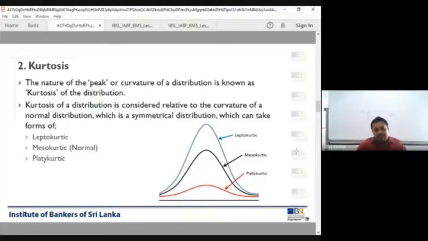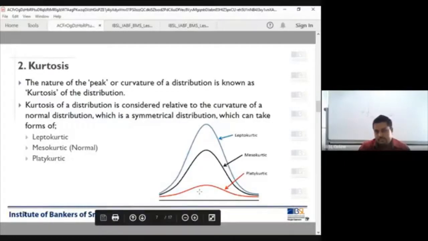To go through the points, the nature of the peak or curvature of a distribution is known as kurtosis of the distribution. So we're discussing the nature of the peak, whether the peak has an extremely high nature or extremely flat nature.